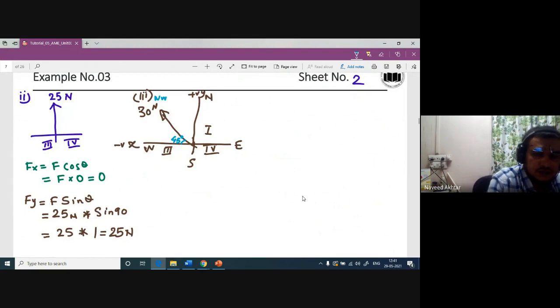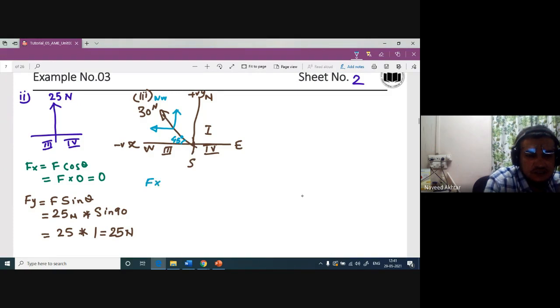Okay, so again we will resolve this force in two directions, y direction and x direction. This is the negative x direction and this is the positive y direction. So what will be the Fx value?